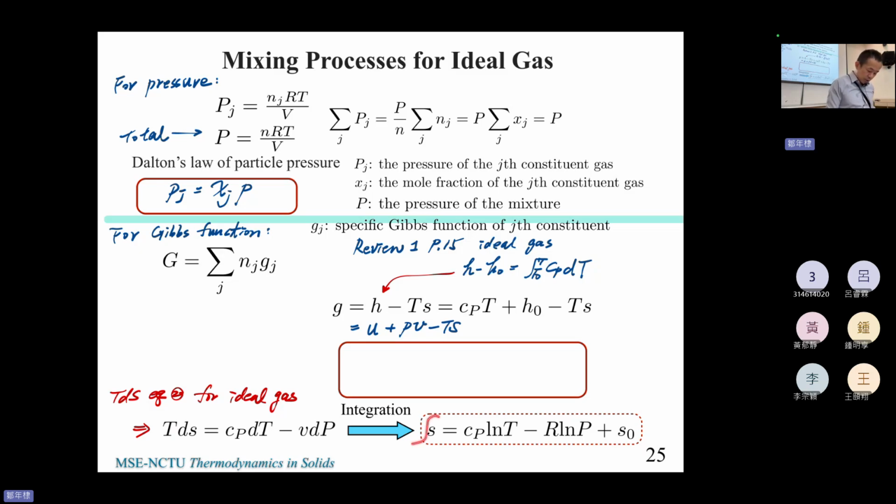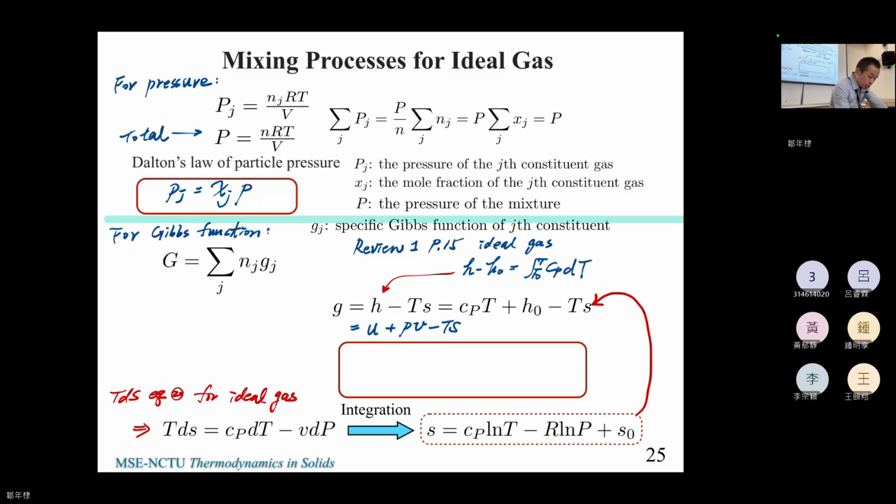So S equals Cp natural log T minus an integral of V dP over T, which we can transfer into pressure form using the ideal gas law, so you get R natural log P. Of course, S naught is the integrating constant. Now that we obtain S, we can substitute it into the S here.